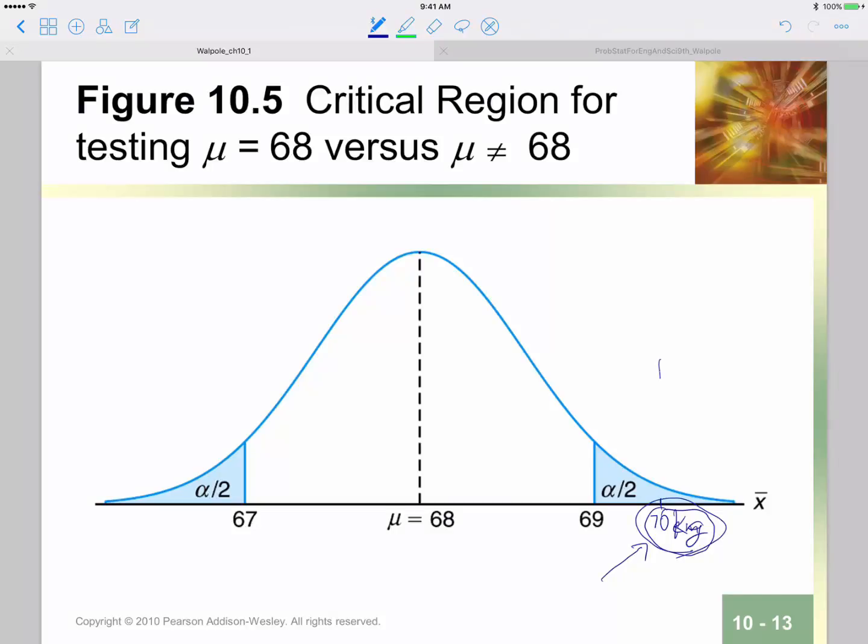And then we consider the alpha value computed based on this threshold value that we obtained.